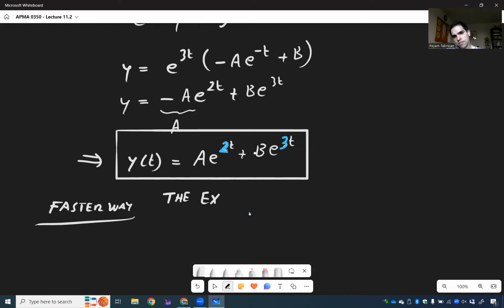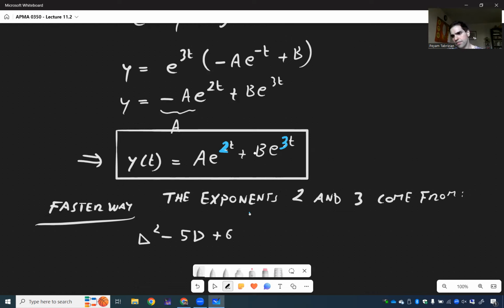The exponents 2 and 3, where do they come from? Simply factoring out d squared minus 5d plus 6 as d minus 2 times d minus 3. So there they are.